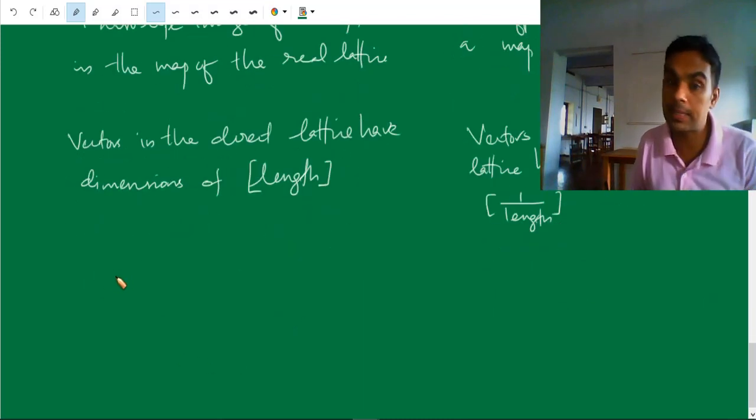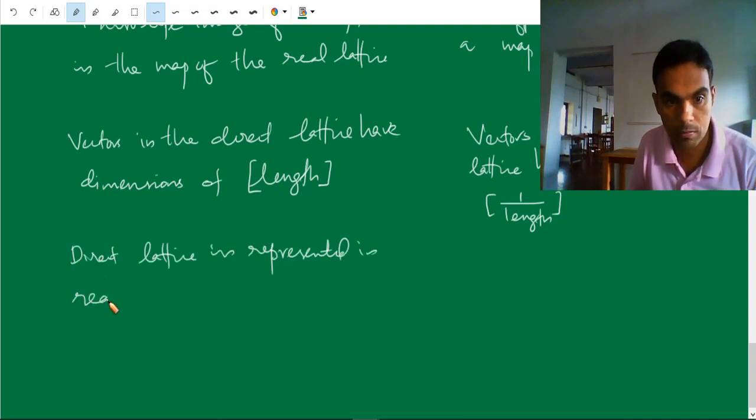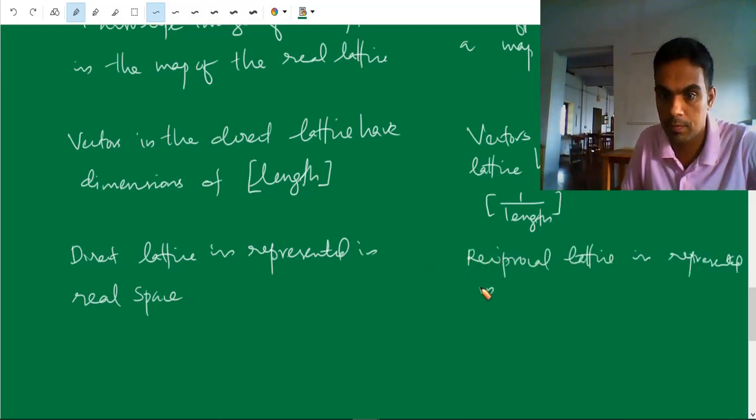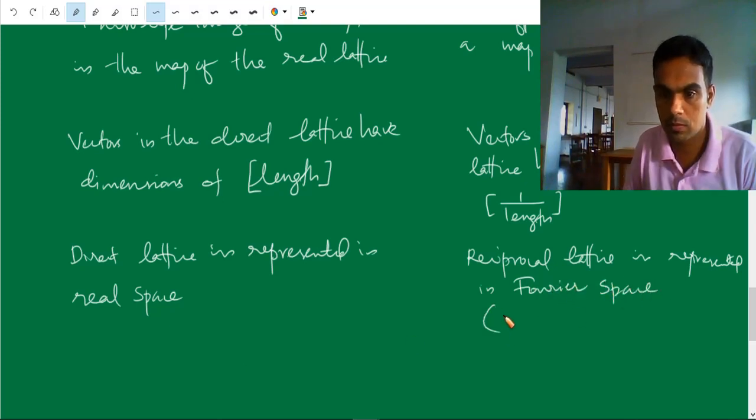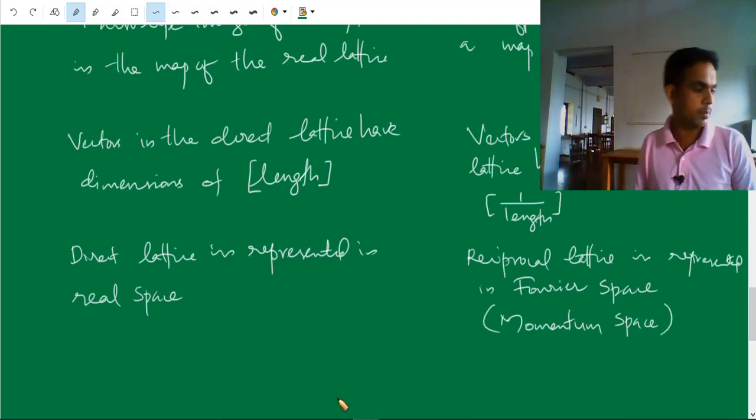Direct lattice is represented in real space, whereas the reciprocal lattice is represented in Fourier space, momentum space.